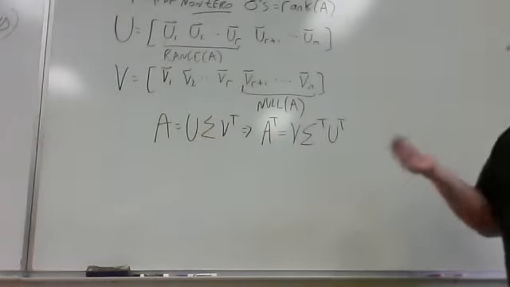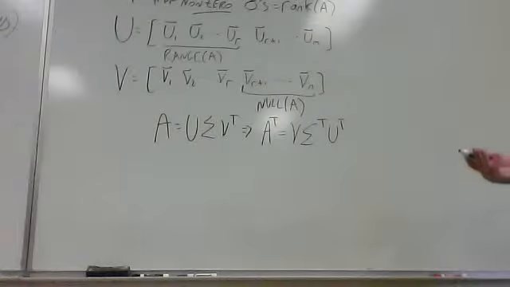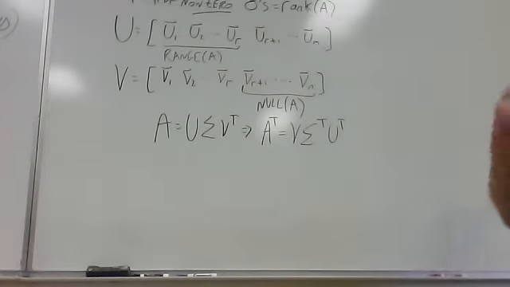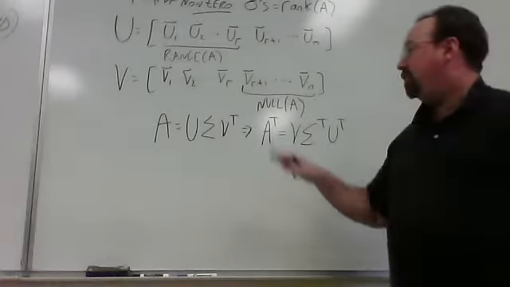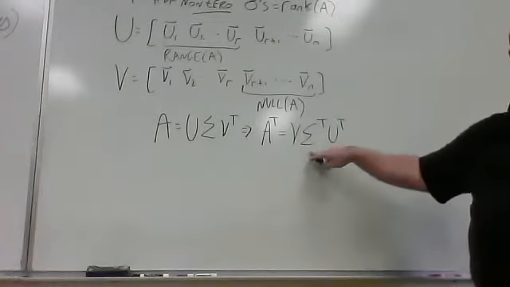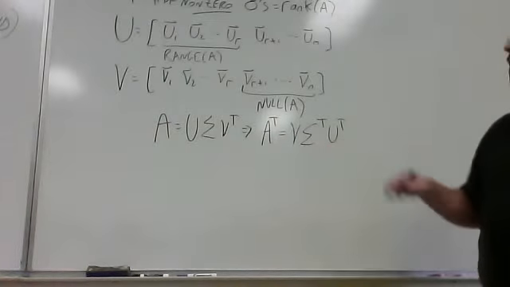Now, U and V are orthogonal matrices. Their transposes are their inverses. So their transposes are also orthogonal matrices. Sigma is a diagonal matrix. So sigma transpose is also a diagonal matrix. So by transposing everything, I have this SVD of A over here. I have the SVD of A transpose over here.